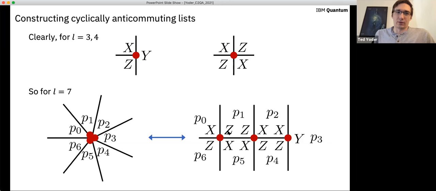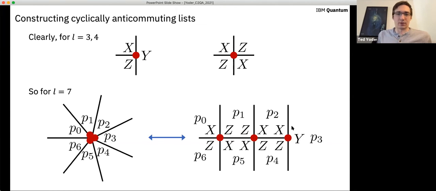Then we write length 4 or length 3 cyclically anti-commuting lists around each vertex in this expanded construction, and then the polys are associated to the sectors in this expanded construction. So P0 would just be a single X applied to the first qubit. P1 would be ZZ applied to the first 2 qubits. P2 XX applied to the last 2. P3 poly Y applied to the last qubit, and so on.